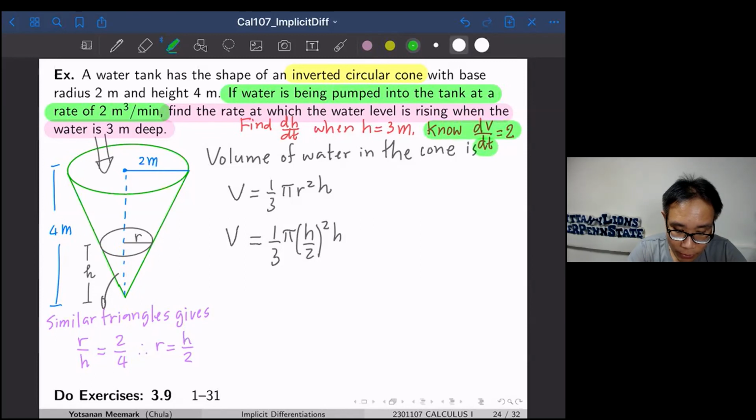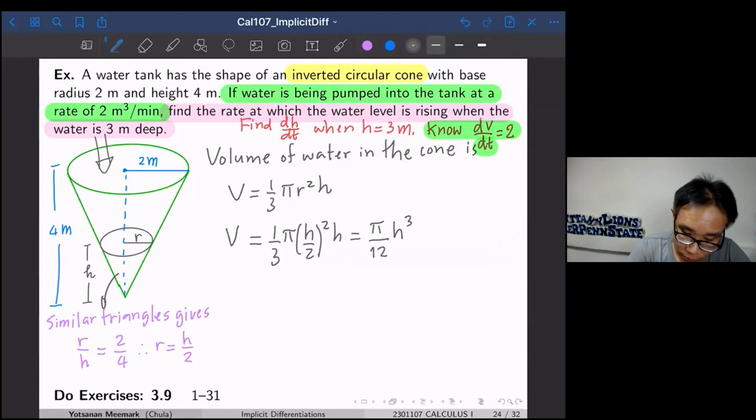So we have everything that we need so far. Let's try to find this one. We have V equal to 1/3 pi times h over 2 squared times h. So it's going to be 1/12 pi, so pi over 12 h to the third.